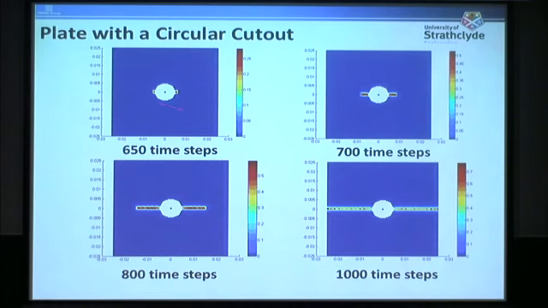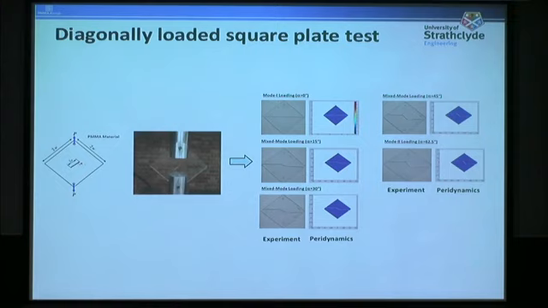And when we show all these results, people are just asking us if we are comparing our results against the experiments. Yes, we are doing. And this is again a very simple material, PMMA, so it's kind of a brittle material by itself. This is something called the diagonally loaded square plate test.